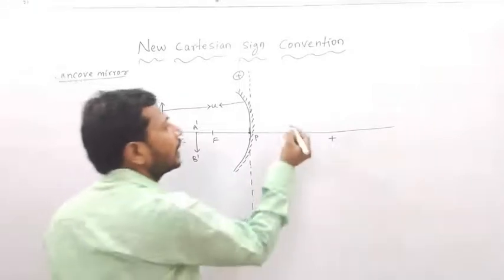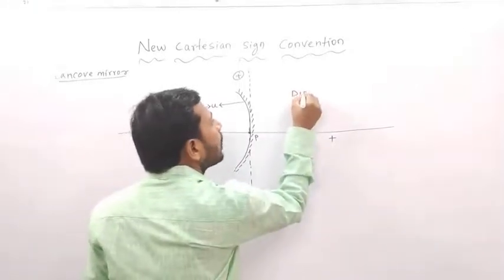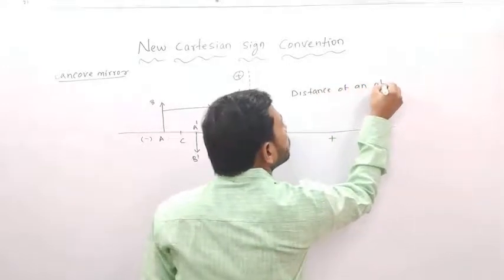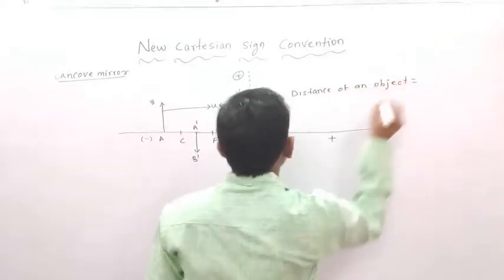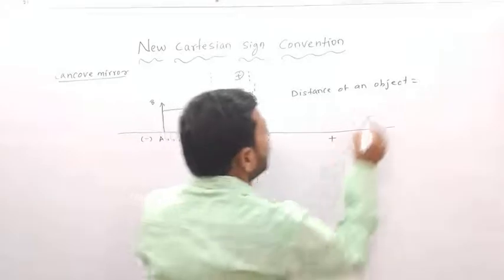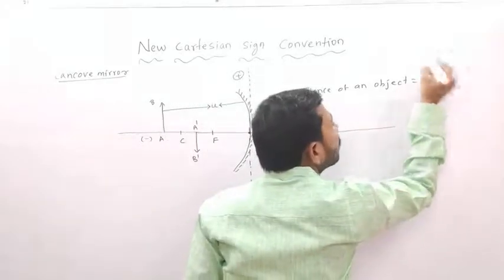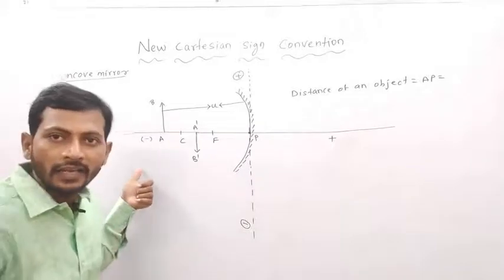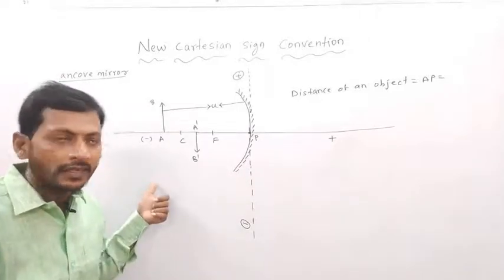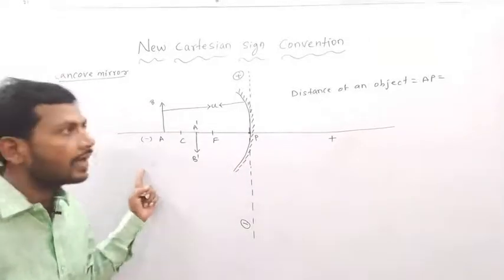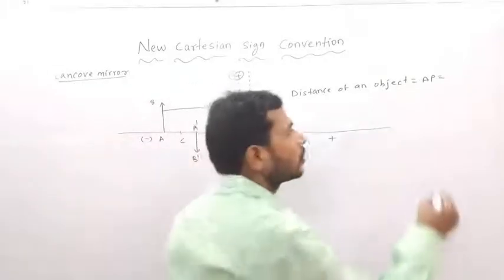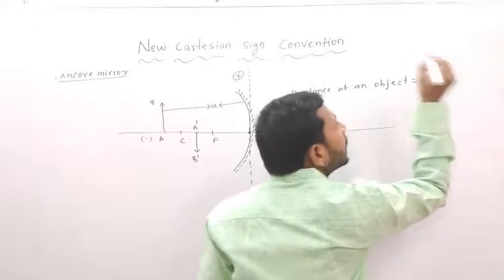I am writing here distance of an object equals AP. This axis represents plus or minus. This is the negative x-axis, so I am taking distance of an object AP equals minus.